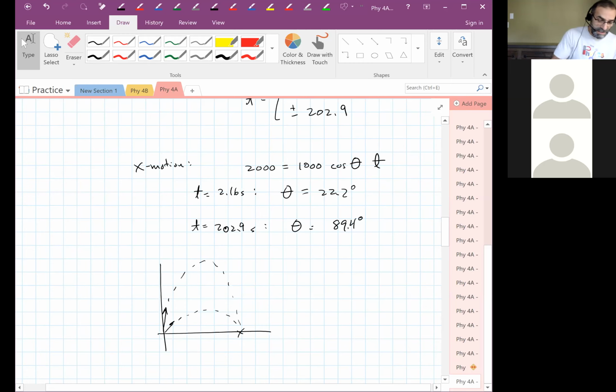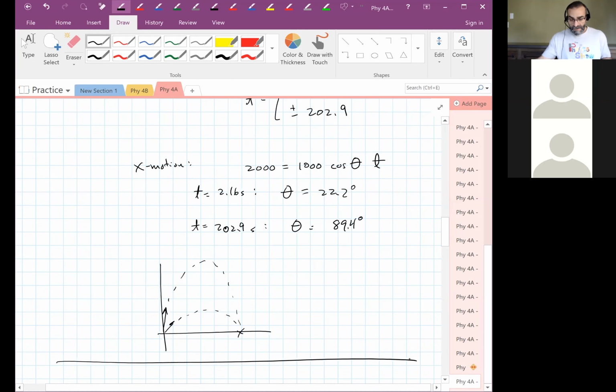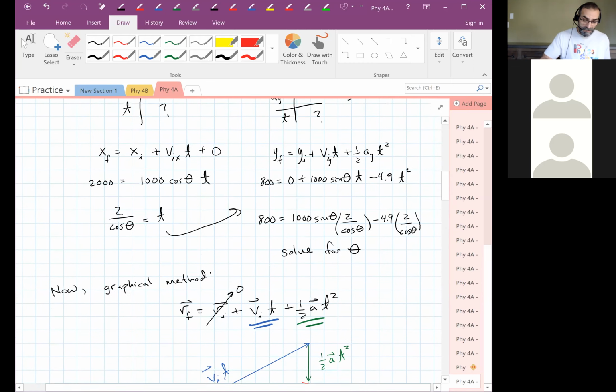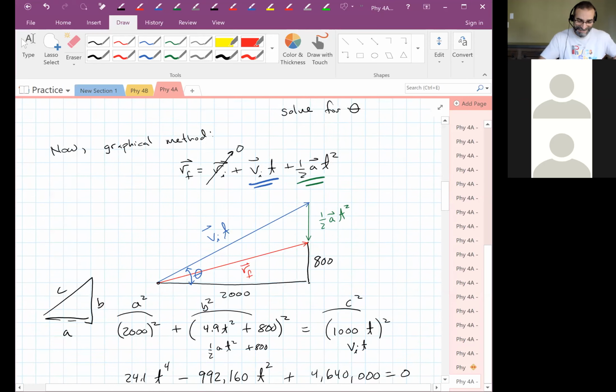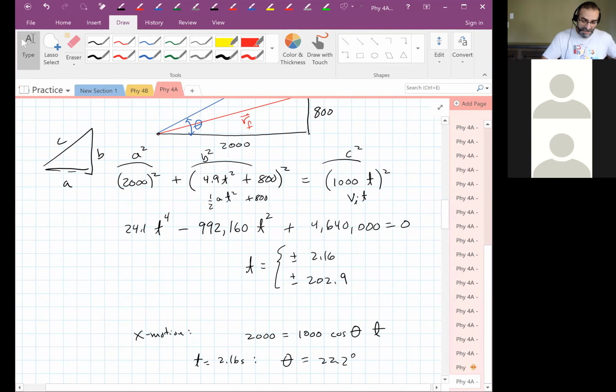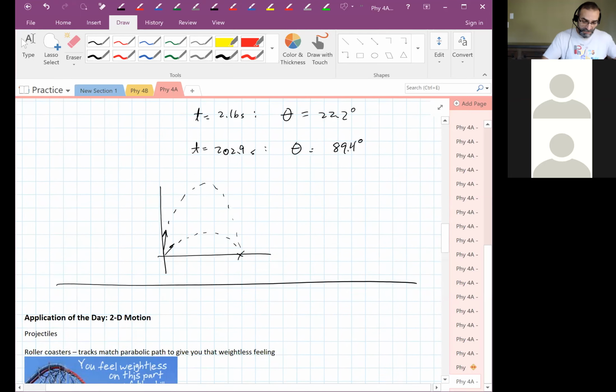It's just a nice technique. If you do it with the equations, I think you'd be stuck right here. Question is, where would you stop? Unless you can figure out a way to solve that graphically on your calculator or something, I think you'd be stuck right there. I would be. So the graphical approach helps you find that answer.